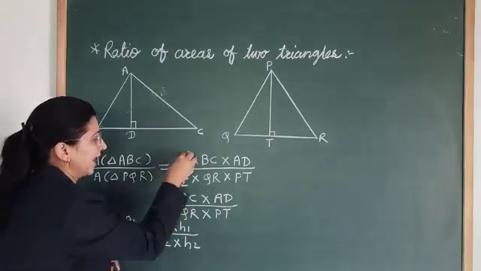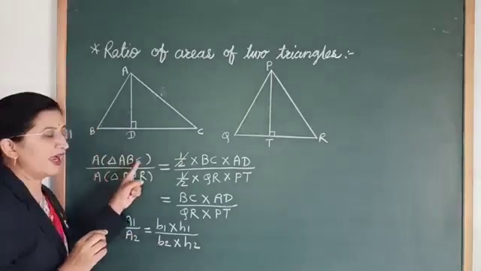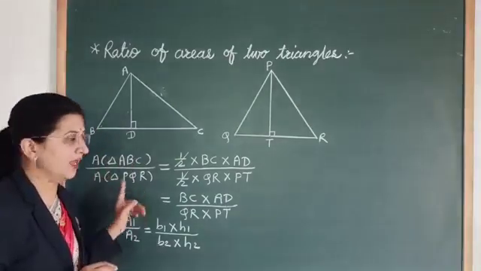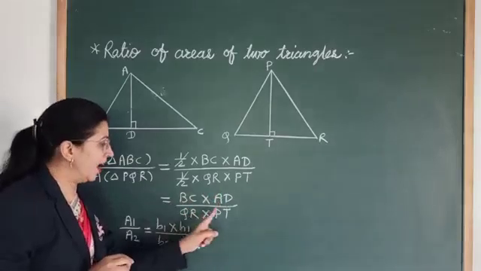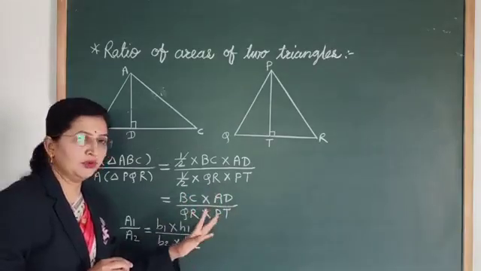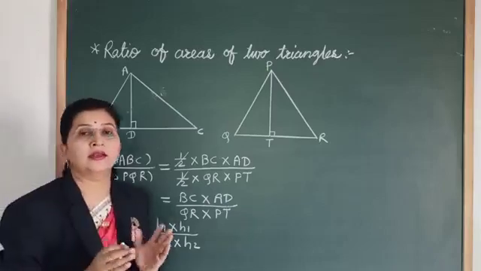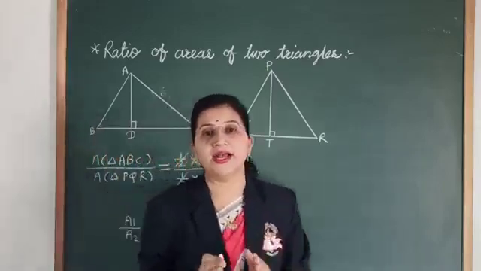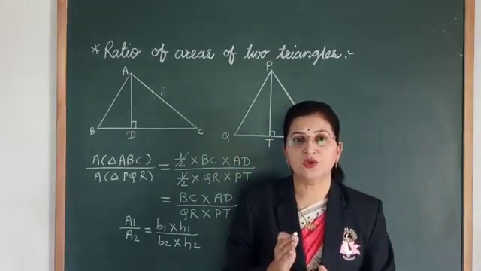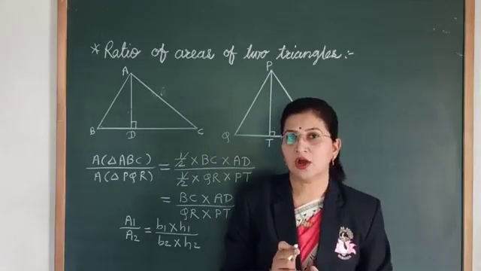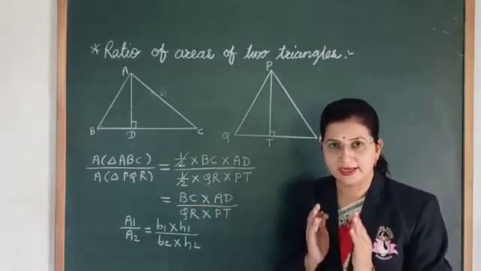Okay, now here this half will get cancelled. So here what will we get? Area of triangle ABC upon area of triangle PQR is equal to BC into AD upon QR into PT. Okay, it means that from this we can conclude that the ratio of areas of two triangles is equal to the ratio of product of their bases and corresponding height.